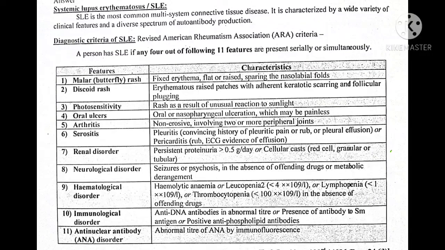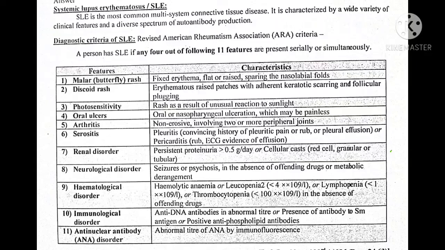Renal disorder such as persistent proteinuria more than 0.5 gram per day or cellular casts, red cell, granular or tubular, may be present. Neurological disorders such as seizures or psychosis in the absence of offending drugs or metabolic derangement may be present.